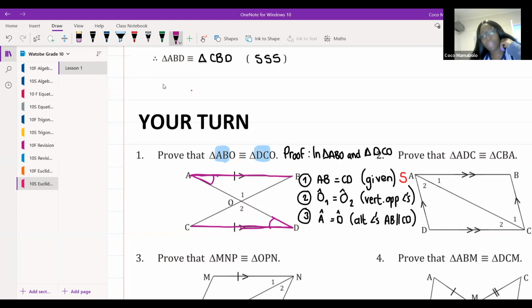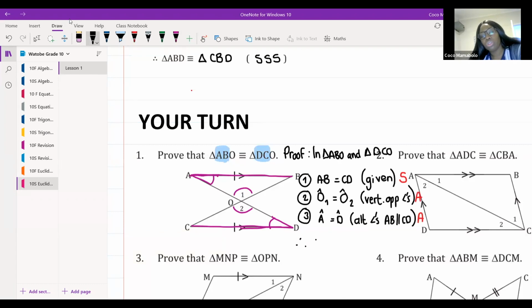Okay, so that is correct. Okay, and that makes this correct as well. And then my vertically opposite angles will be this one over here. So I know that my reason is going to be side, and this is going to be an angle, and this is going to be an angle. Then I can do my conclusion.